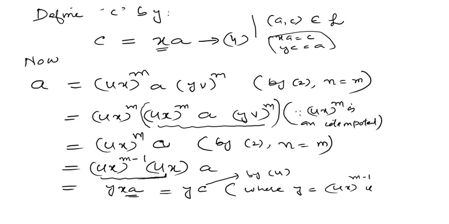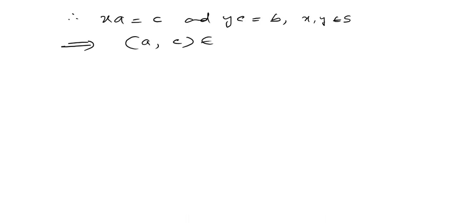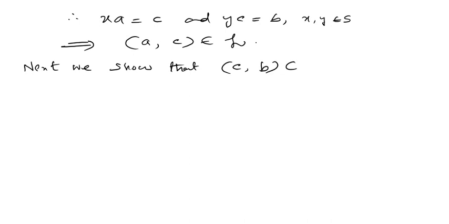AC belongs to L. Therefore xa is equal to c, and yc is equal to a, where x and y are in S. So this implies a c belongs to L. Now we show that CB belongs to R. C we have already defined. Next we show that CB belongs to R.